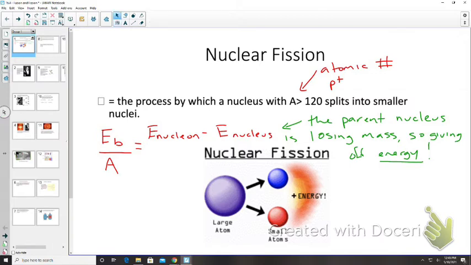Remember from Einstein, we know that the change in energy is equal to the change in mass times the speed of light squared. So we're going to use that formula again today.